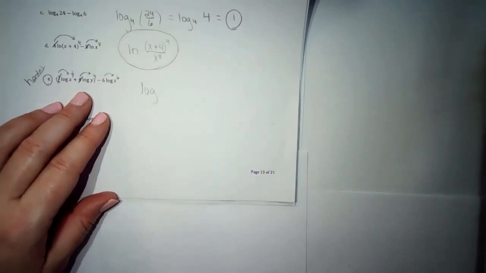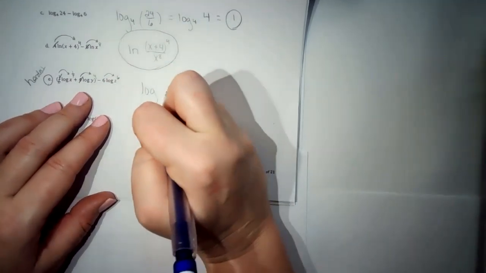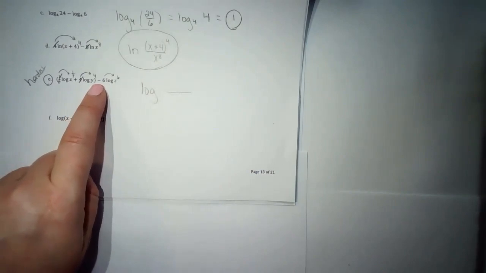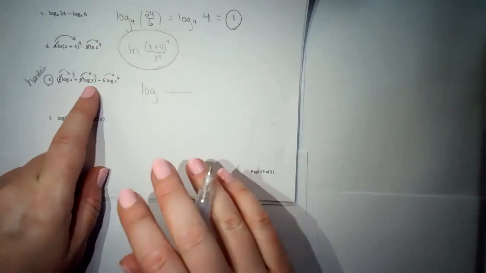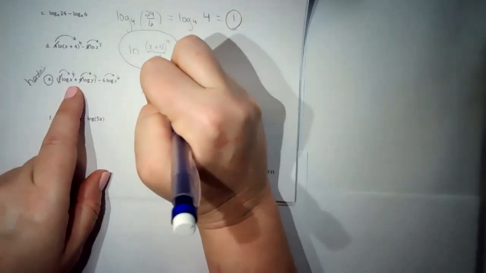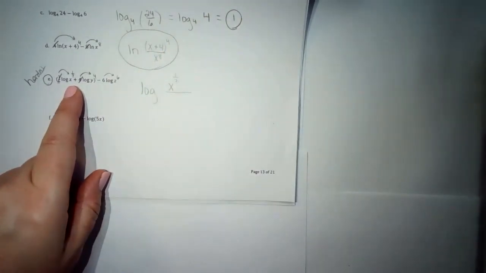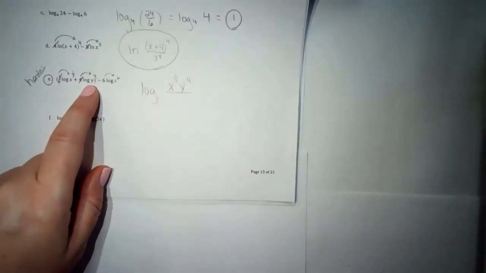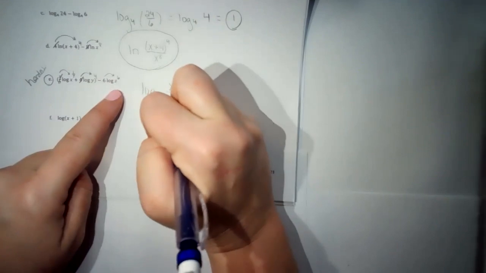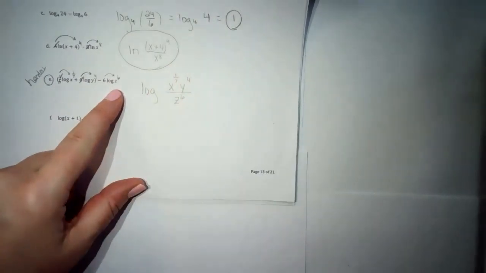I don't see a base, so we just know his base is 10. This minus tells me I'm going to have a fraction. And then the numerator is going to be these two guys multiplied together. So I'm going to have x to the 1/7 times y to the 4th. And the denominator is going to be z to the 6th.